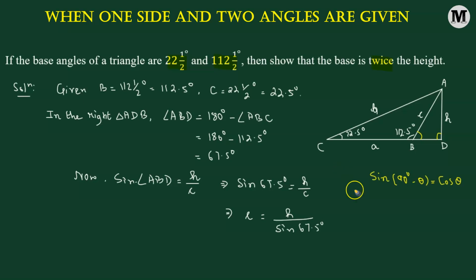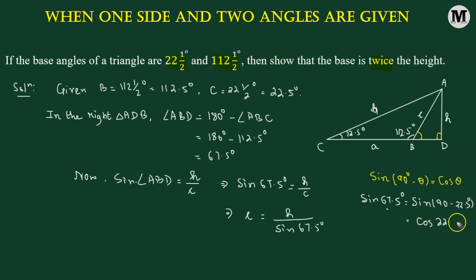So here we have sine of 67.5 degrees. But we can also rewrite it as sine of 90 minus 22.5 degrees. 90 minus 22.5 is simply 67.5. But we know the sine of 90 minus some angle theta gives us cosine of angle theta.